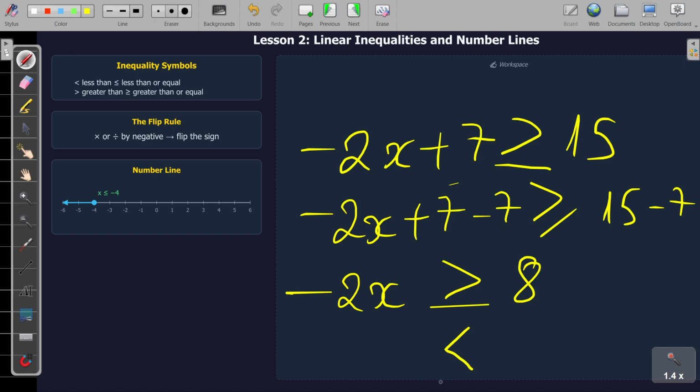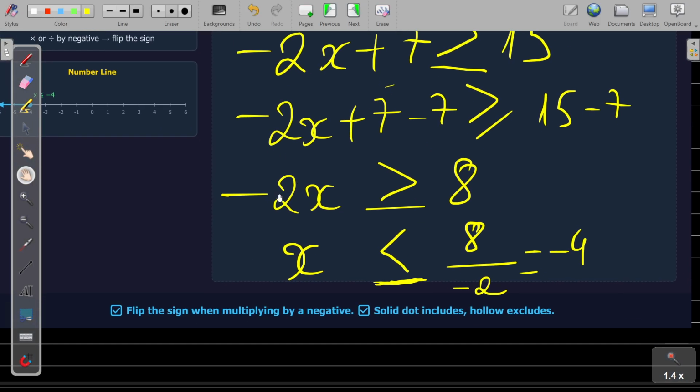So it has to be in reverse. Again, dealing with negatives, we're dealing in inverses, reverses all the time. So 8 divided by negative 2 is going to be negative 4, and this is going to be x. So as you can see here, we finally have x is less than or equal to negative 4.